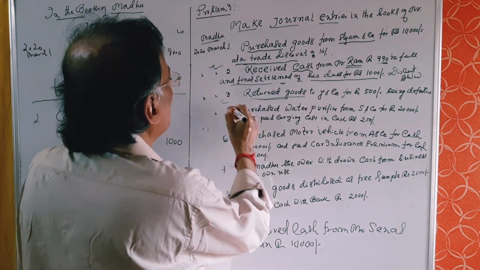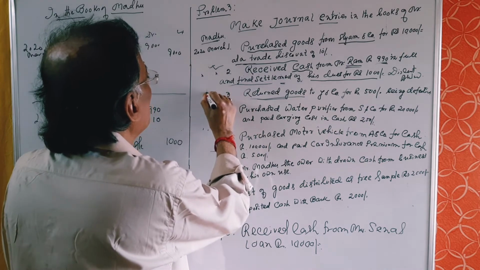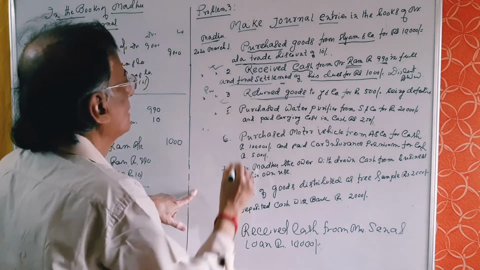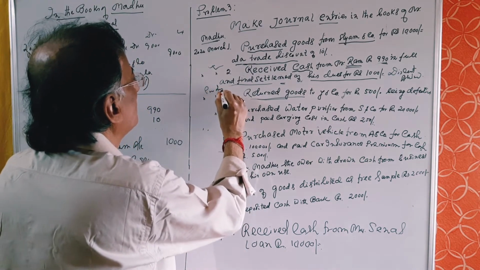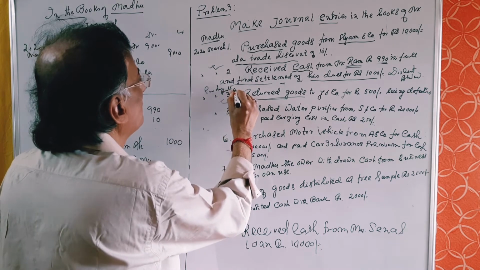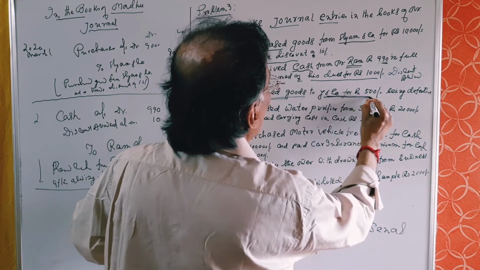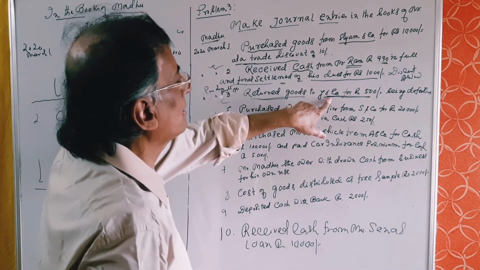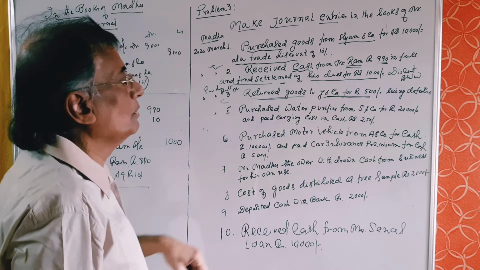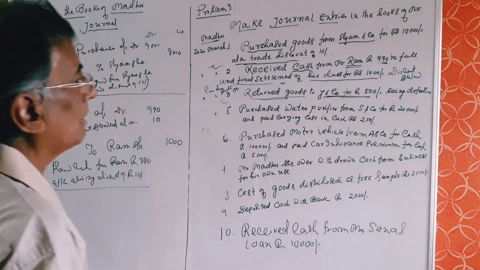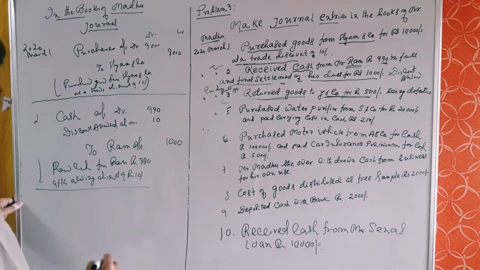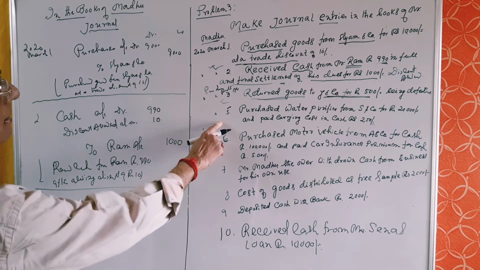One is purchase return account, another one is Y account. So Y is the receiver of the goods. So we should debit Y and company account for this transaction. Transaction dated 3rd.